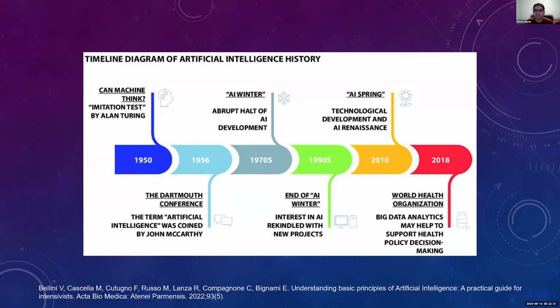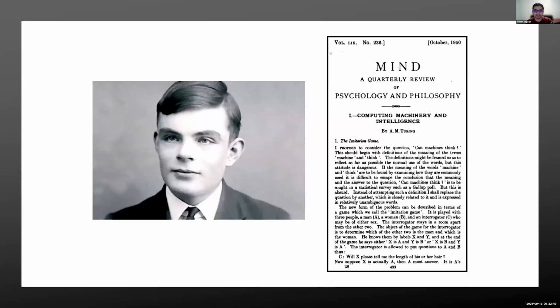Around 2001 it was called AI, and around 2010 it was called AI Spring, because the technology started developing again and people were excited about AI. And around 2018, the World Health Organization talked about how big data can be used for health policy decision making. So this was an article by Alan Turing.